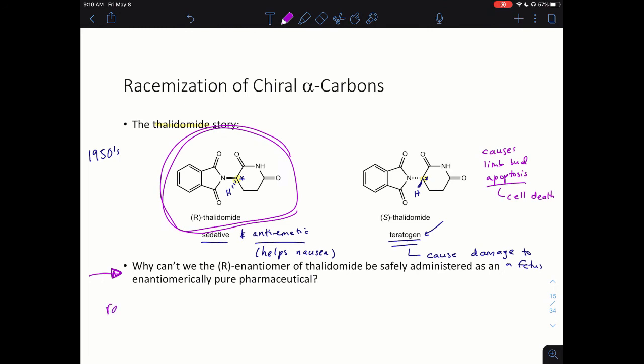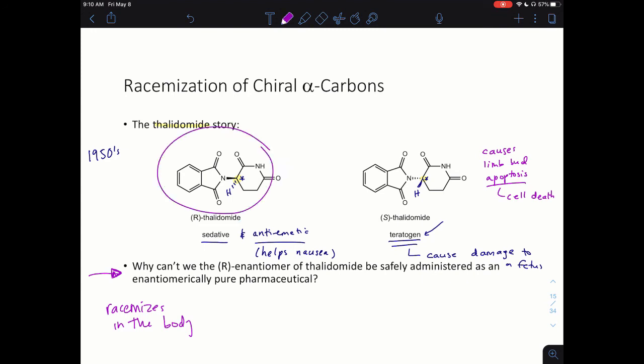And that is because it racemizes in the body. Racemization, again, means that you start with an enantiomerically enriched species, so say one enantiomer, and then end up getting a mixture of enantiomers. So under physiological conditions, the ketone form will be in equilibrium with the enol.